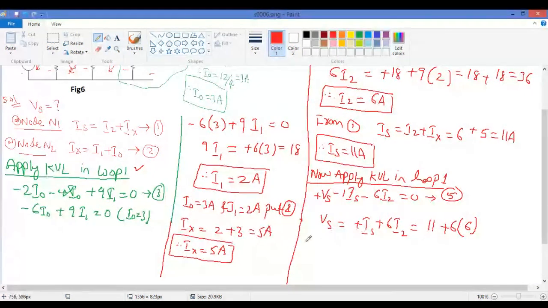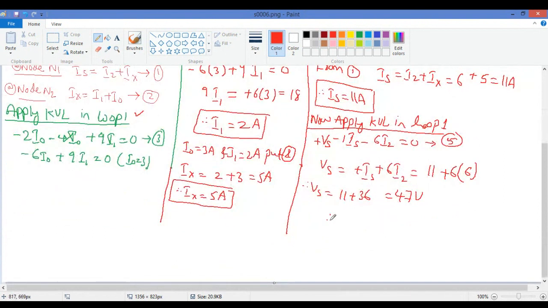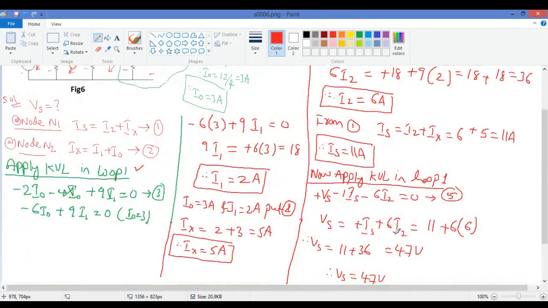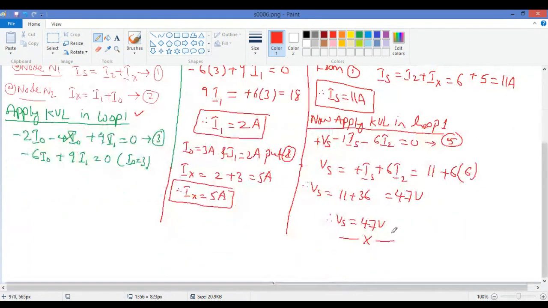So therefore, Vs is equal to 11 plus 36, which is equal to 47 volts. Therefore, Vs is equal to 47 volts. Here we have solved the problem. So now all of you understood this? Is the problem clear?